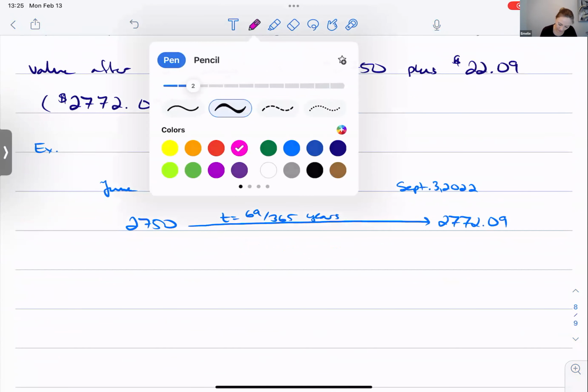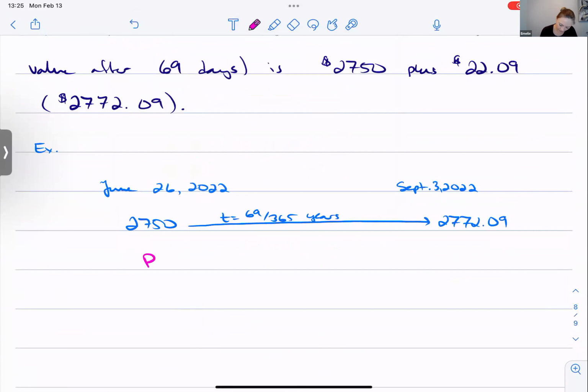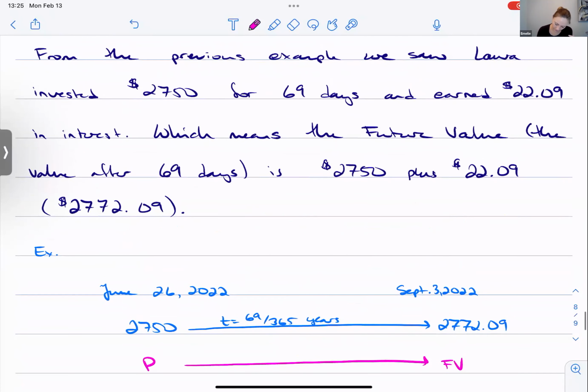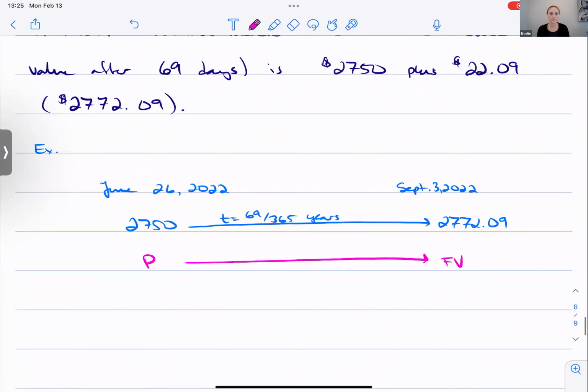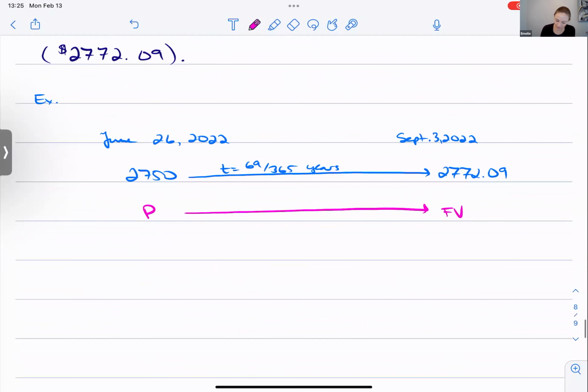In general, P, over some set amount of time, becomes a future value, FV.